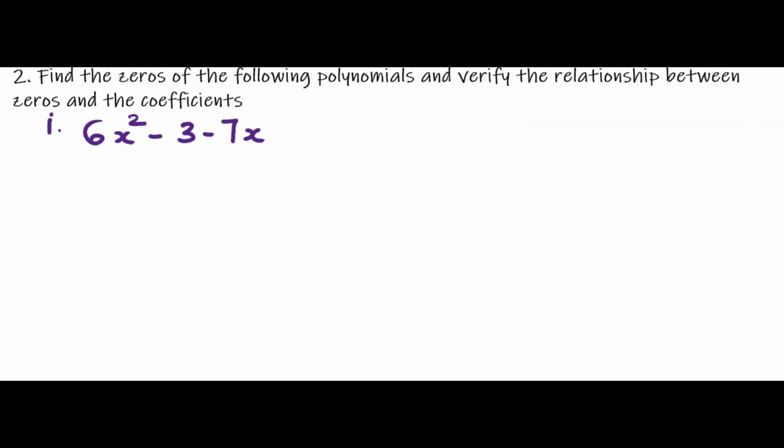Second question. Find the zeros of the following polynomials and verify the relationship between zeros and coefficients. 6x square minus 3 minus 7x. Here it is not in order, so you have to first put it in order. So you can write it as 6x square minus 7x minus 3.